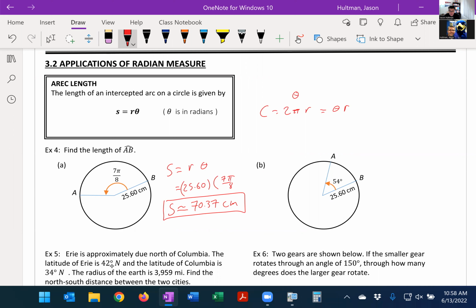Same radius measure, but the angle is different, and the angle is in degrees, so we want to put this angle in radians. So let's take 54 degrees and multiply. Again, what do I want to end up with? I want to end up with radians, so that's pi radians on the top and 180 degrees on the bottom.